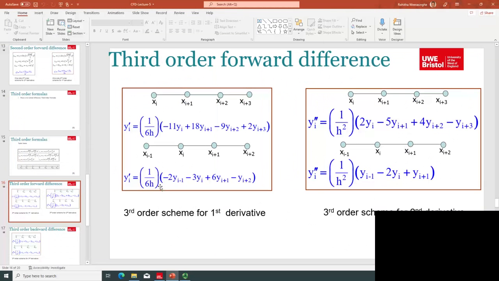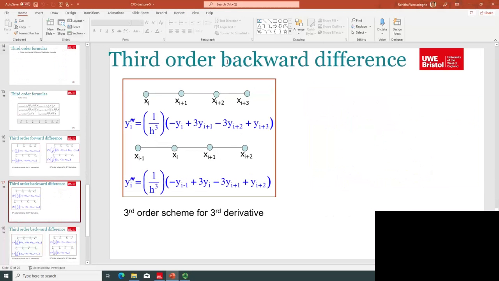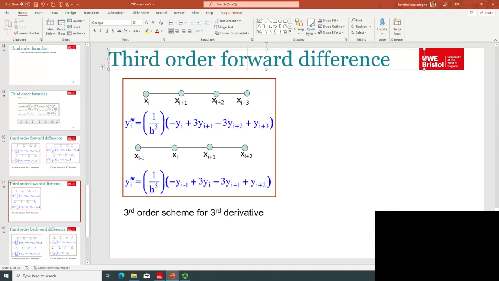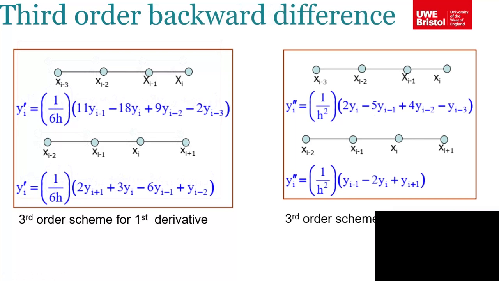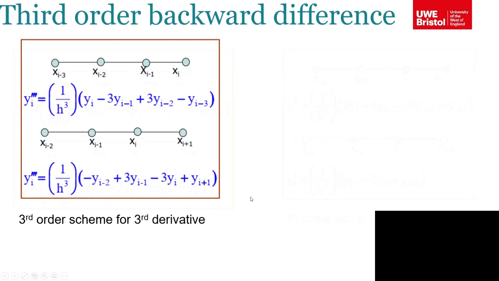Actually, there is a typo here, so that would be forward. Then you have the backward differentiating scheme where you have xi minus 1, xi minus 2, xi minus 3. That will be your first derivative, second derivative, and that is for your third derivative.